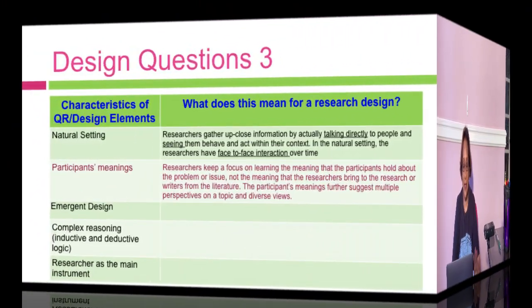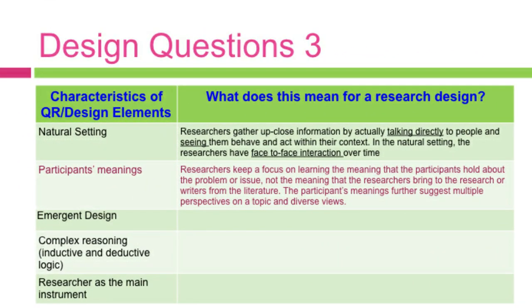We move to design questions 3, participants' meanings. Now that is another criterion that we are looking at. Researchers keep a focus on learning the meaning that the participants hold about the problem or issue. Not the meaning that the researchers are trying to bring to the research or what you get in the literature. The participants' meanings further suggest multiple perspectives on a topic and diverse views.